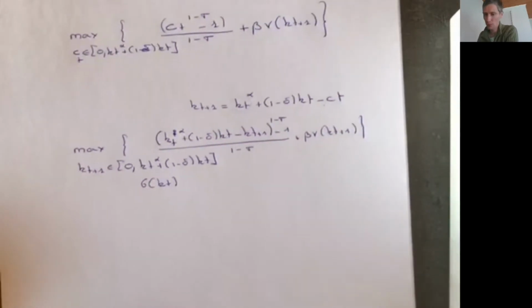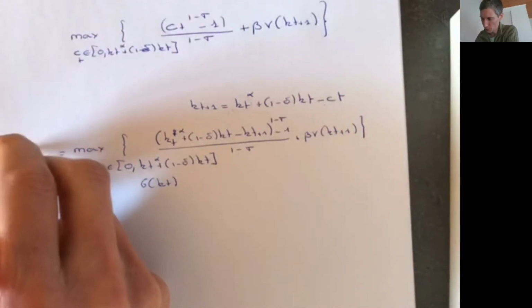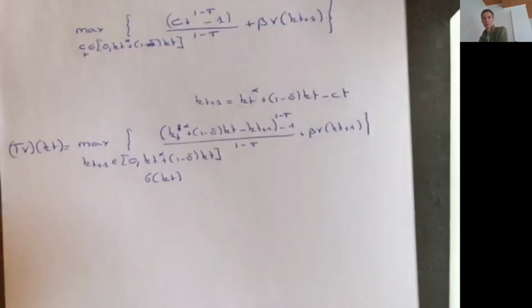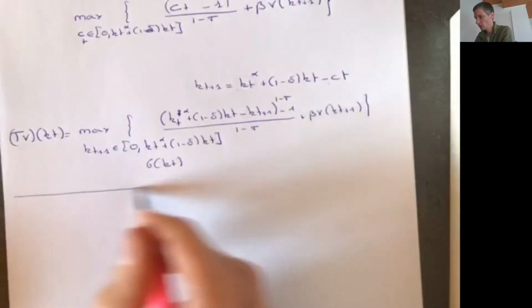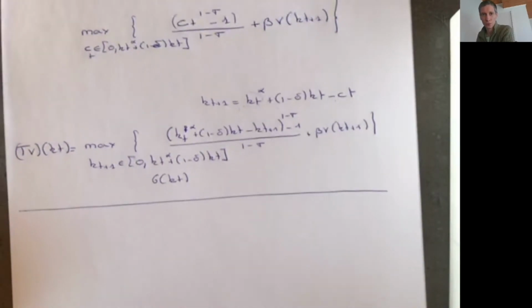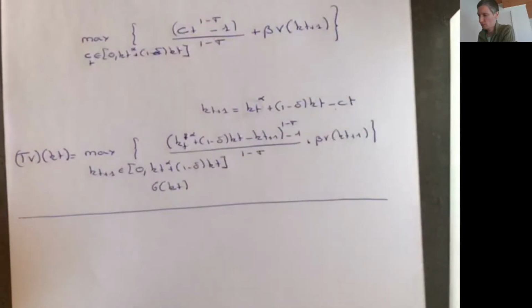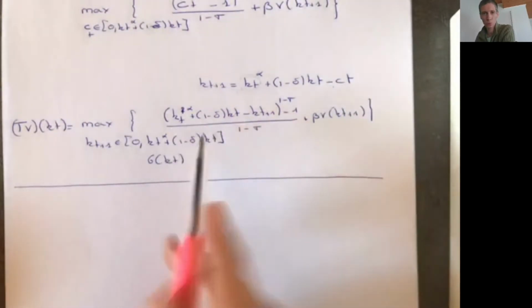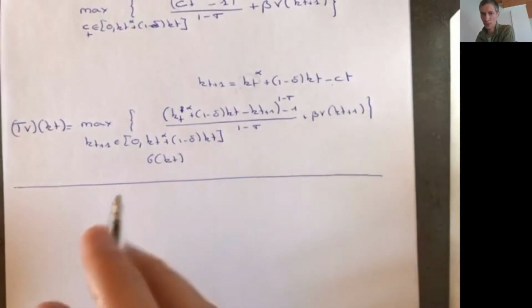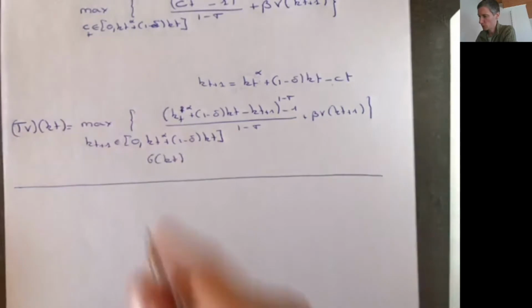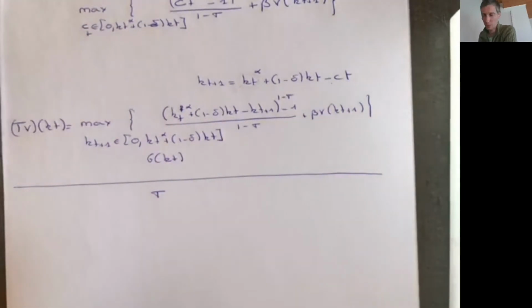Okay, so this is my Bellman equation, and this is going to give me Tv of kt. This is a particular instance of a growth model, so I need some parameter values. Let me check which ones I'm going to use, so you can implement it yourself at home.